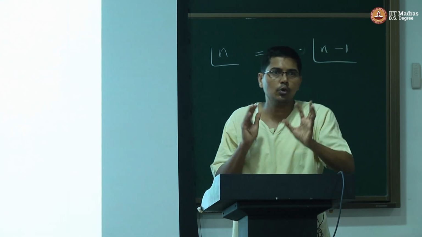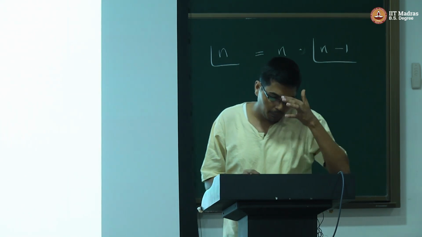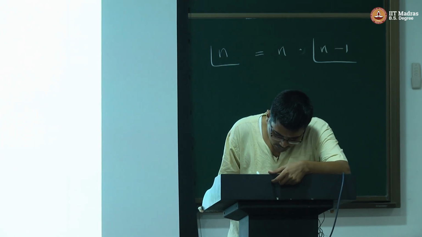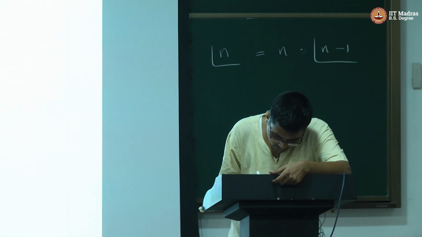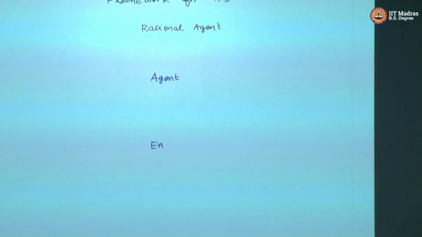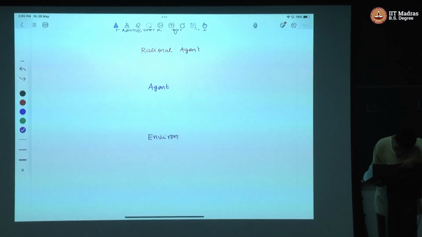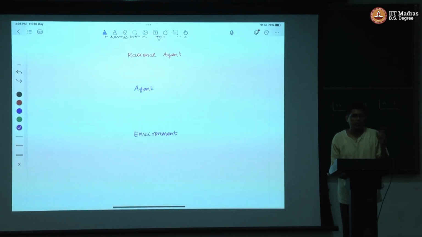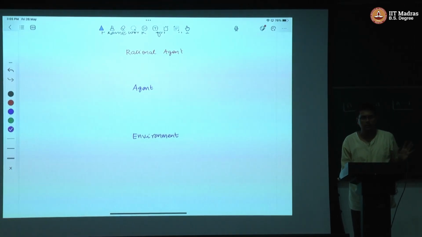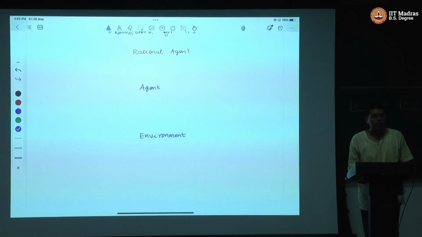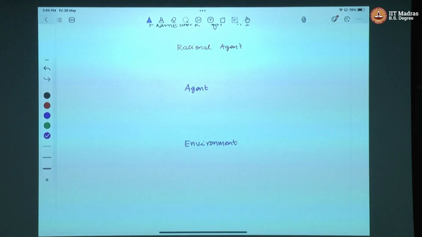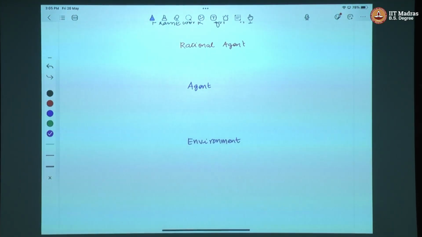So the framework for AI is what is known as the rational agent framework. It goes by this very simple thing: there is an agent, and on the other side you have the environment. Environment is one of the keywords that all of you specified.